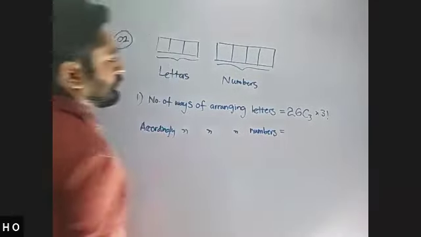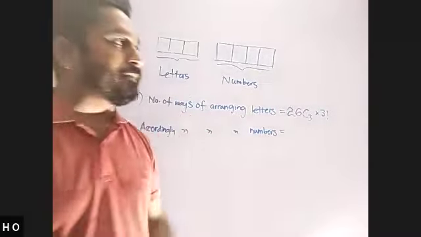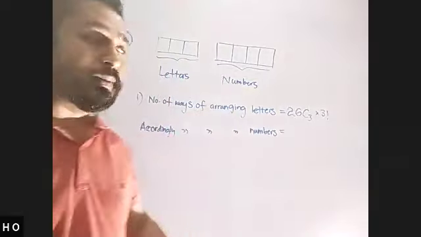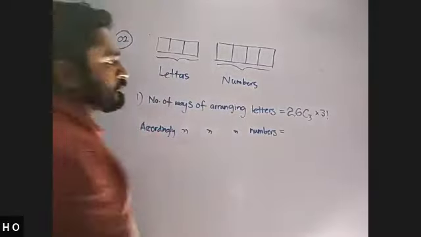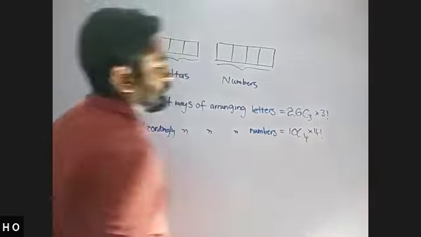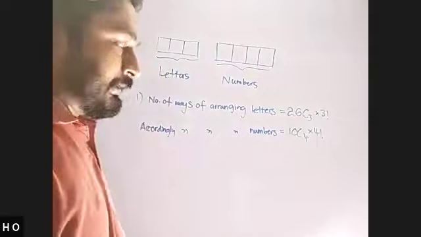numbers. So how many digits do we have? We are dealing with base 10. So you have 10 digits. Out of those 10, you can pick 4: 10 C 4, pick 4 and arrange between them. So this is going to be the final answer for part 1.